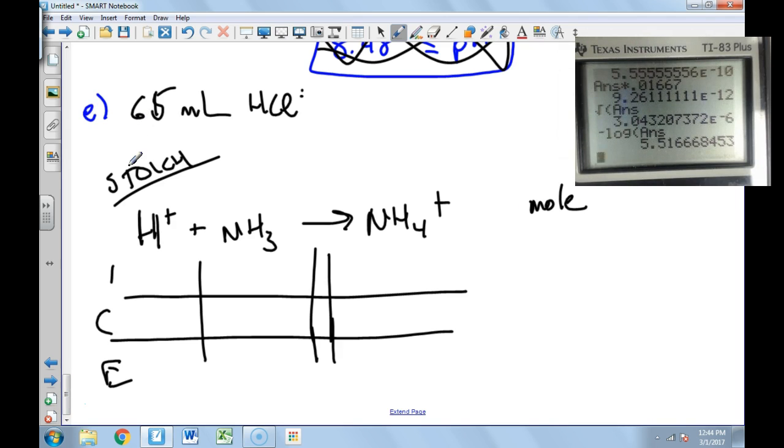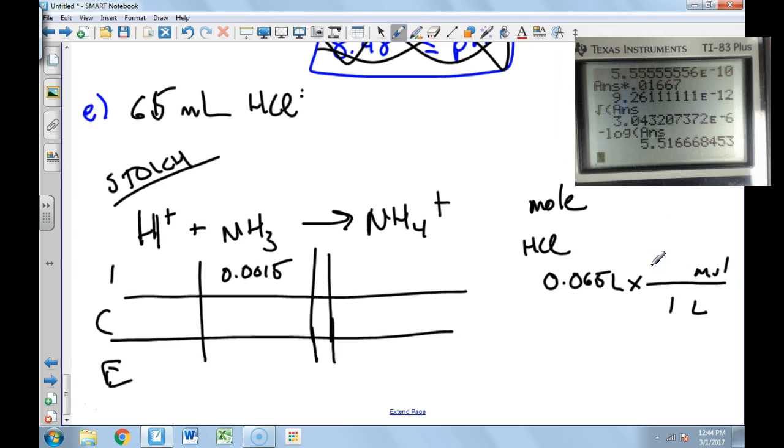E, 65 milliliters of HCl. So this concentration, just like everything, we still have 30 milliliters. So this is still 0.0015. But now for HCl, we have 0.065 liters times, and then we want moles on the top and liters on the bottom.